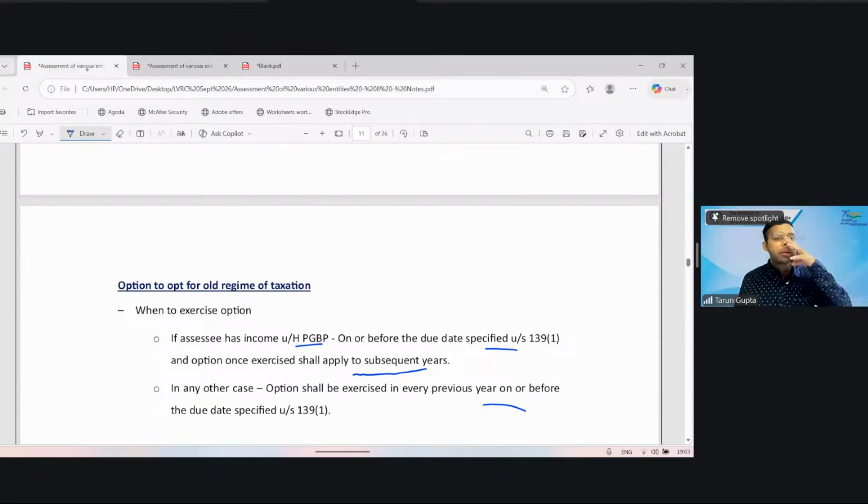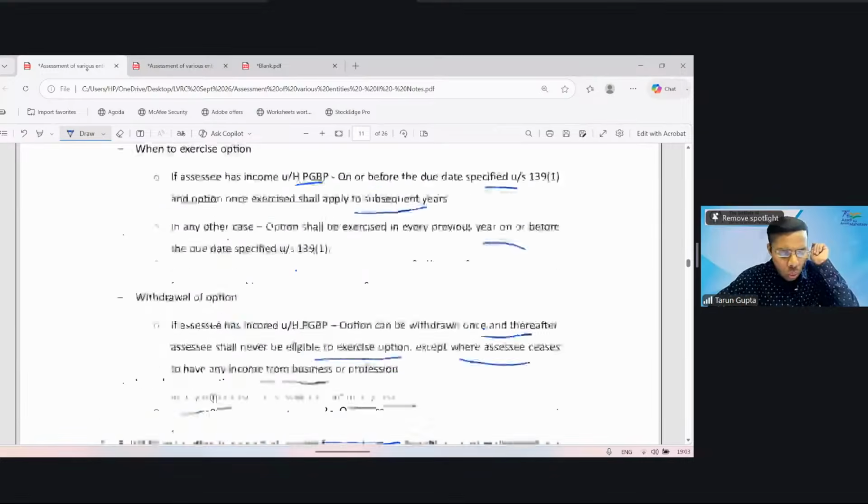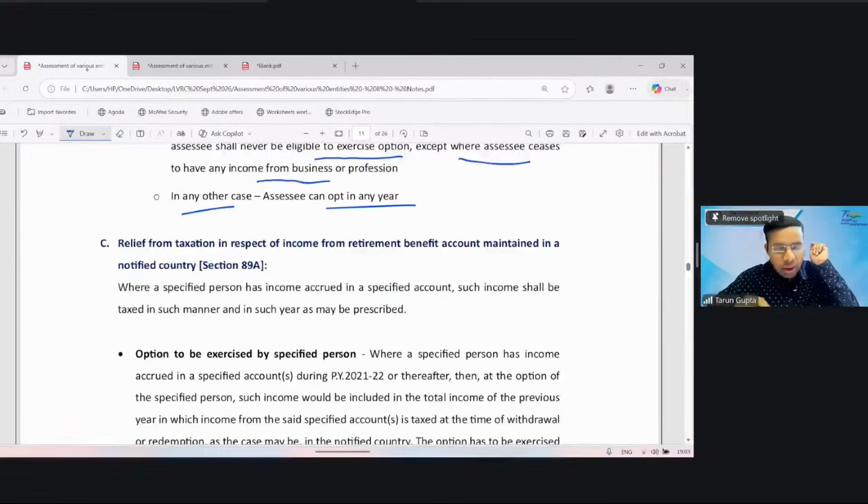So we'll discuss cooperative societies, the concessional regime to cooperative societies, individual, artificial juridical person, the new regime, the old regime. Okay. Now, one relief is provided in section 89A. What is it?